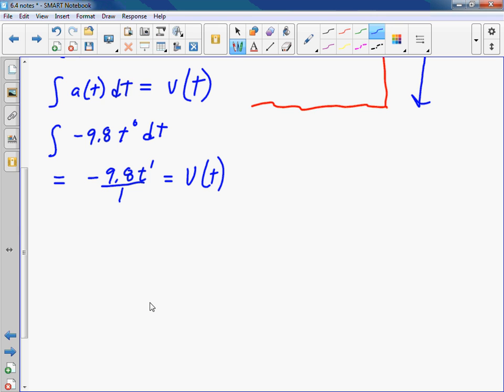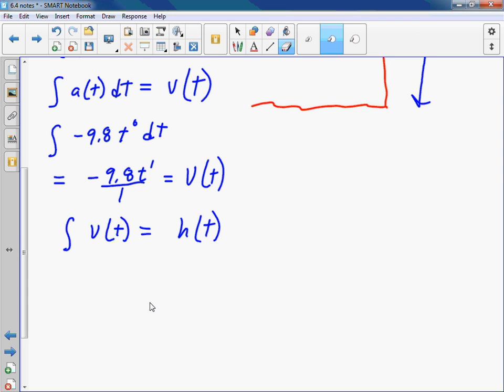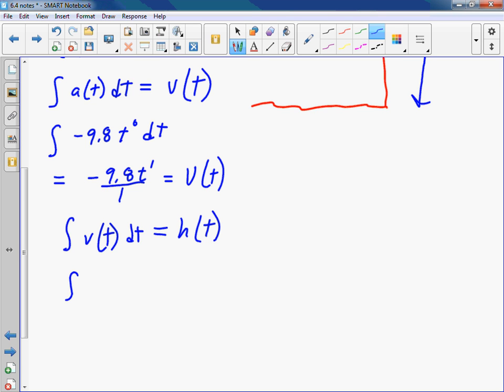So we're doing pretty well. So then we can say the integral of the velocity with respect to time equals the height with respect to time. And again, I keep saying integral, but that's actually an antiderivative. V of t dt equals h of t. So that would be the antiderivative of negative 9.8 t to the first dt.